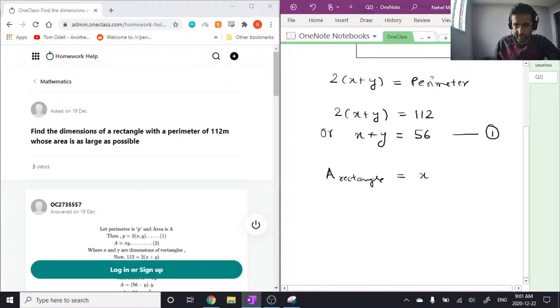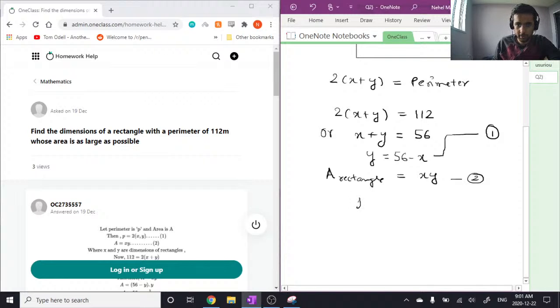So in this case, it's x times y. Now, let's say we want to substitute one of the terms here. We can solve for y here, which would make it 56 minus x. Actually, let's use this as our number 1 equation, and this is our number 2.